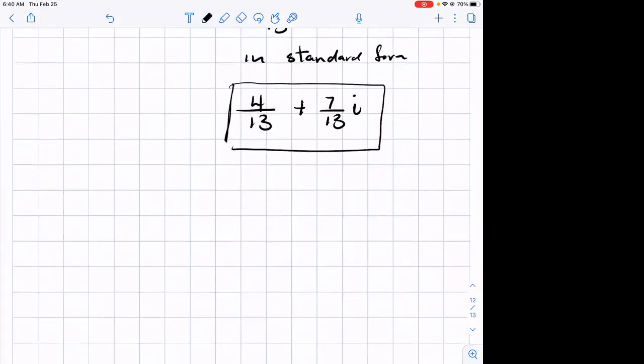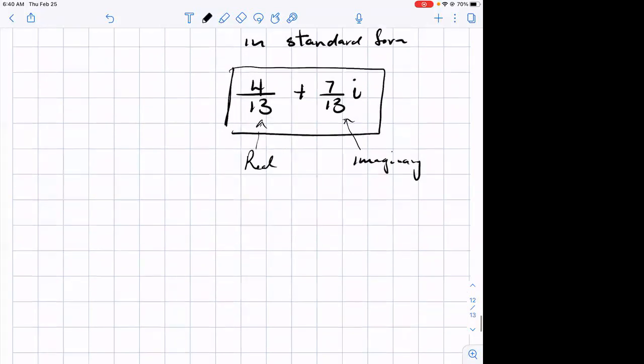This part here is the real. This part here is the imaginary part. They're separated. And this is what we do when we have to divide.